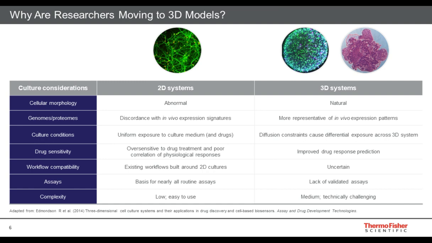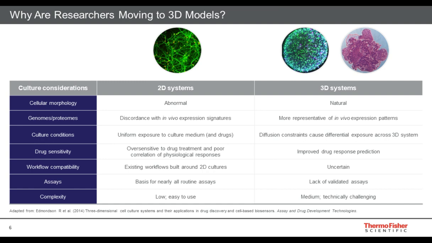Some of the other things that it is good to be aware of is that in 2D systems, oftentimes the gene expression or the protein expression signatures of these cells don't correlate terribly well with the signatures of the tissue from which they were originally isolated. Or in the case of a patient-derived cancer cell, usually they don't look much like the cancer or the tissue of origin.